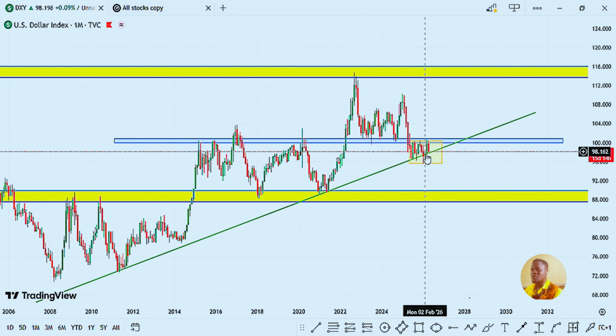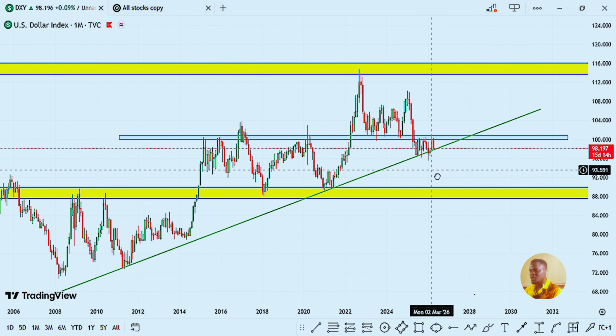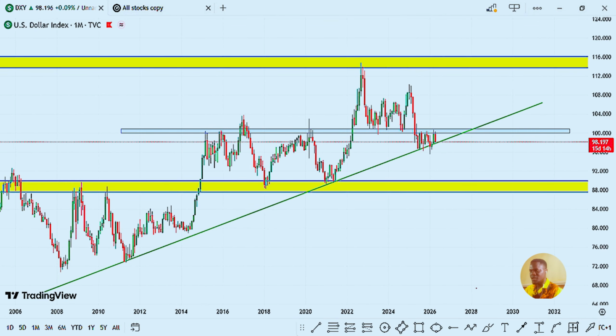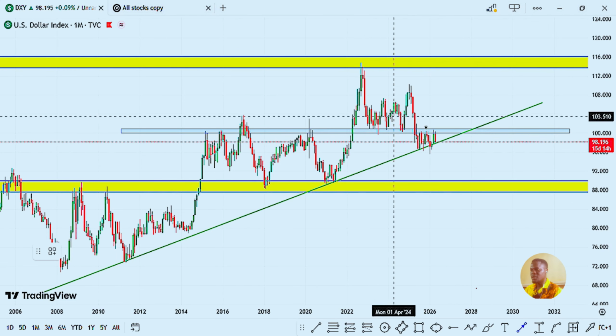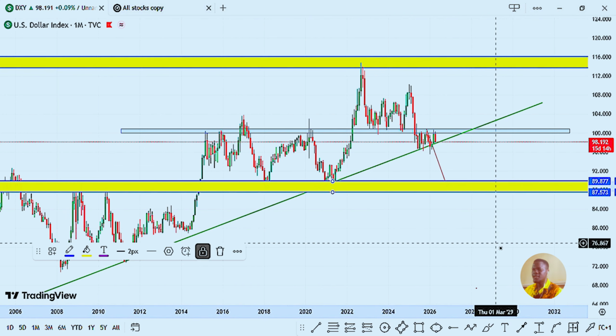But the way I'm seeing this, DXY is going to break this trend line. Alright, this is the next level for DXY, $88 or $89.